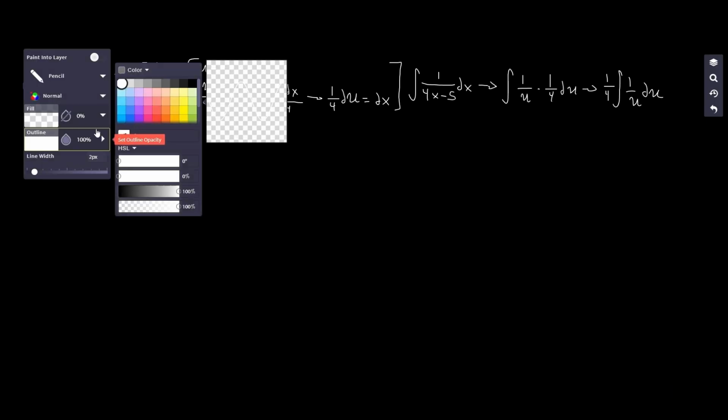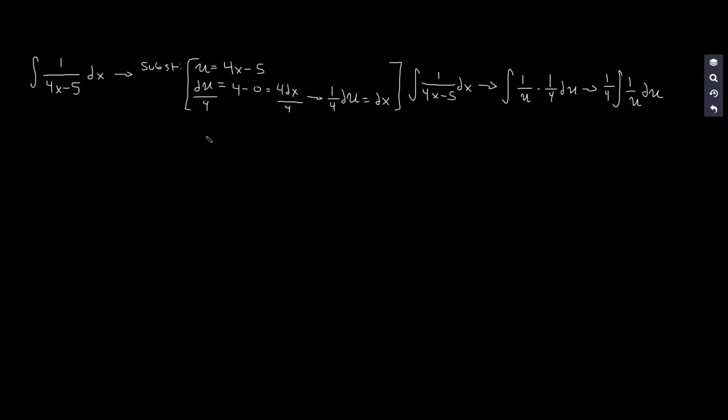And now the thing about this one is there's a formula that we could use to solve this. The same formula from before: the integral of 1 over x, integration with respect to x, equals the natural logarithm of the absolute value of x plus c.